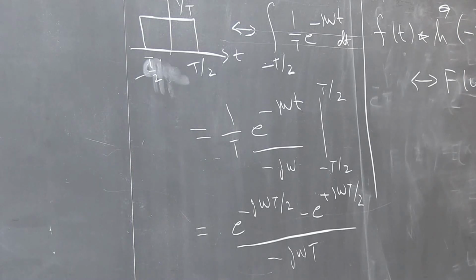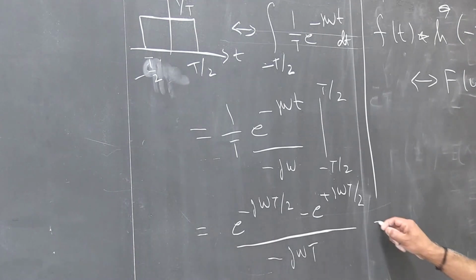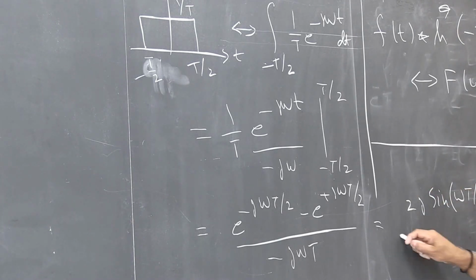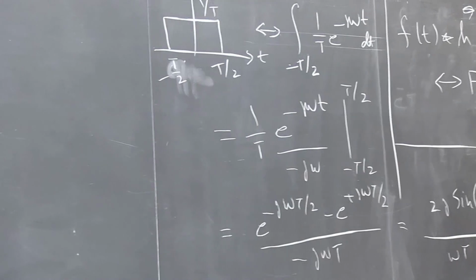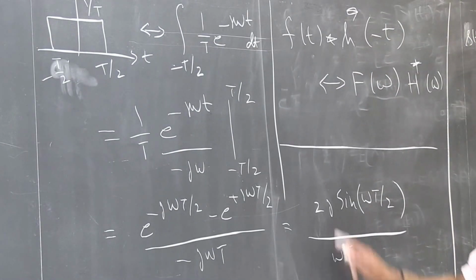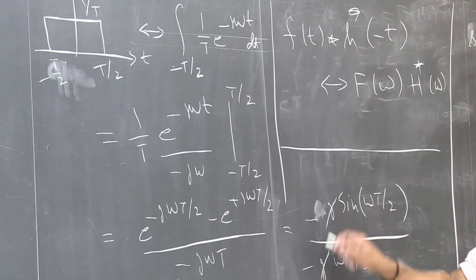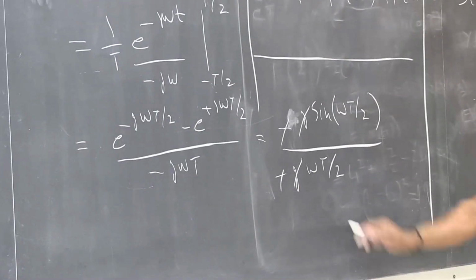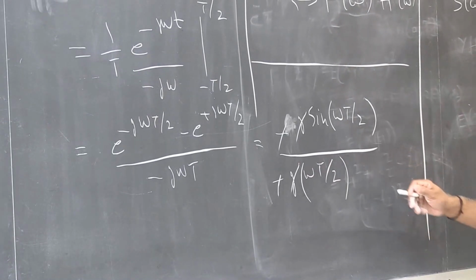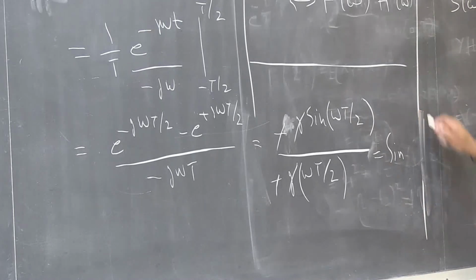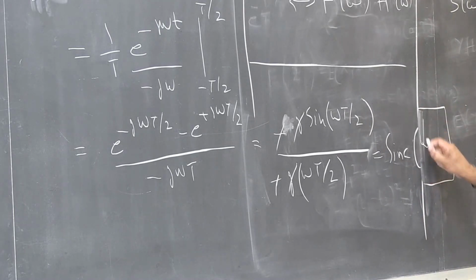So you get 2j sine omega T by 2 over omega T, right? Minus minus cancels. I'm going to bring this T over here, and the j cancels. There is a minus that also cancels. So you see omega T. So this is sinc, sin x over x, right? So the answer is sinc omega T by 2.